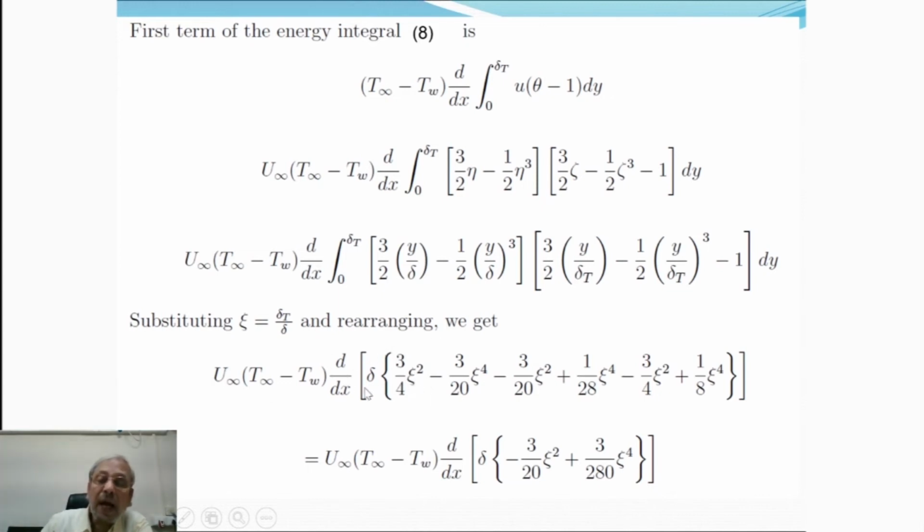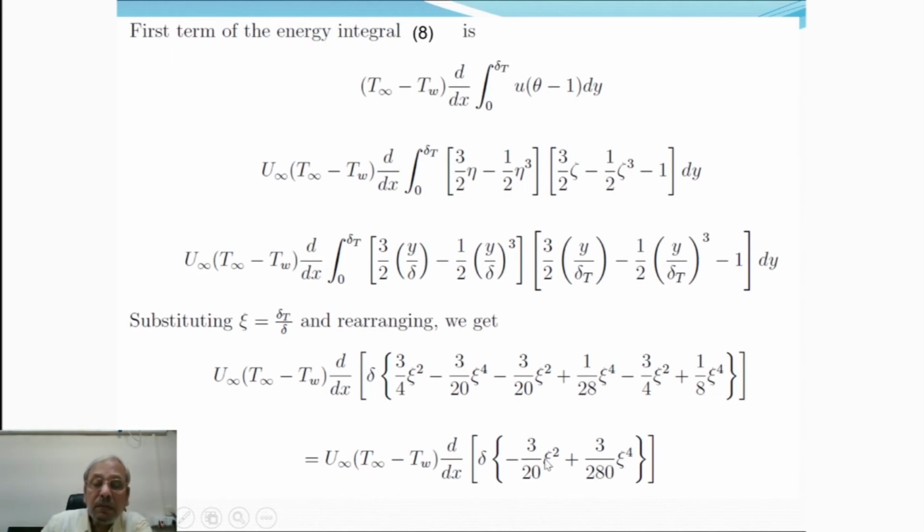We write it as d/dx of delta within curly brackets: 3 by 4 zeta square minus 3 by 20 zeta 4 minus 3 by 20 zeta square plus 1 by 28 zeta 4 minus 3 by 4 zeta square plus 18 zeta 4.